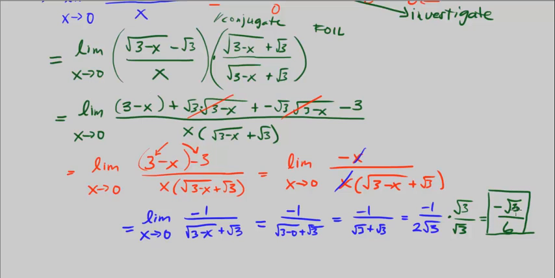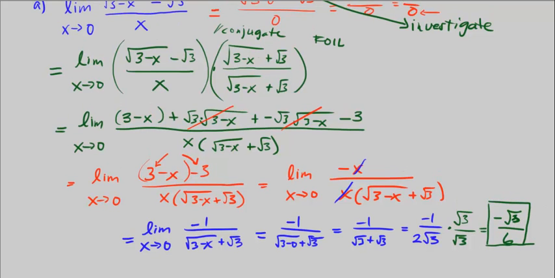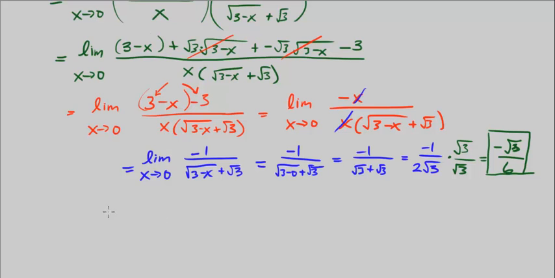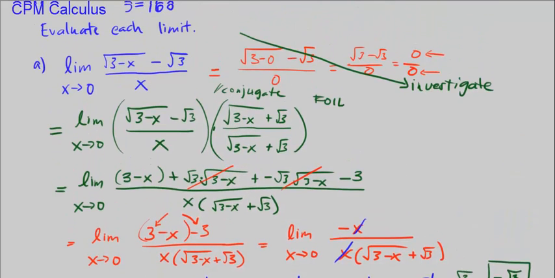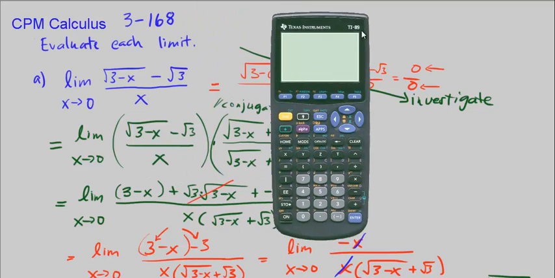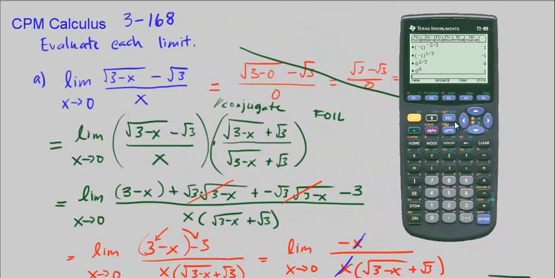Let me just make sure it's readable. Now I want to show you a cool feature in our TI-89 calculator. Let me scroll up so we can see the original limit question. On our calculator, F3 has Calc, and number 3 asks for a limit.